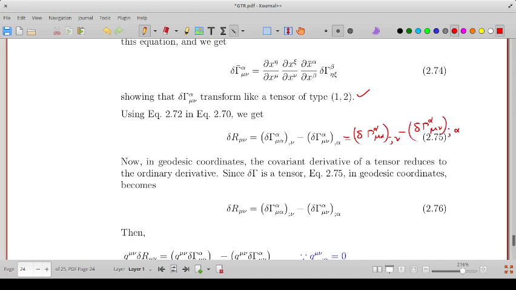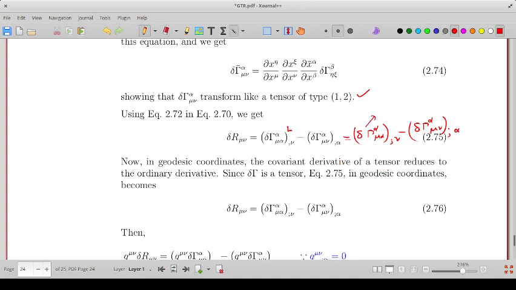Remember, this is exactly equal to this because we are using a geodesic coordinate system, and therefore the covariant derivative reduces to this ordinary derivative. And similarly, this is exactly equal to this in the coordinate system we are using. We are using the geodesic coordinates.